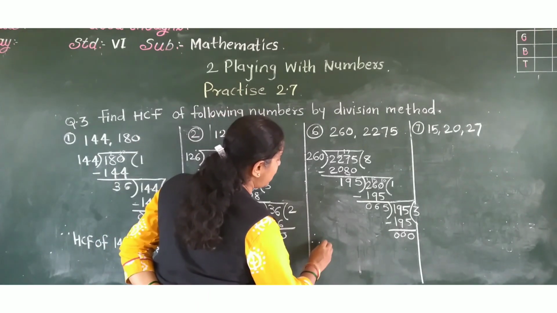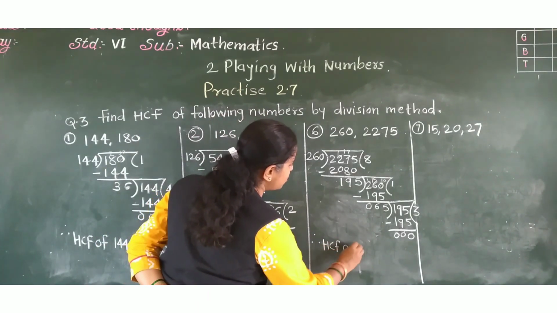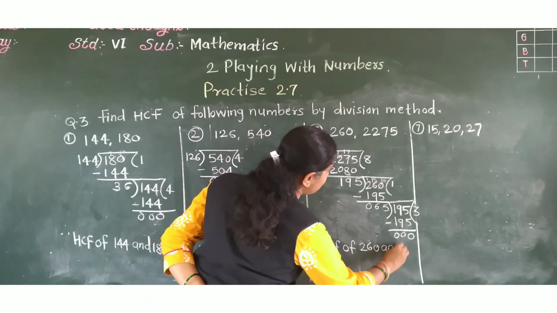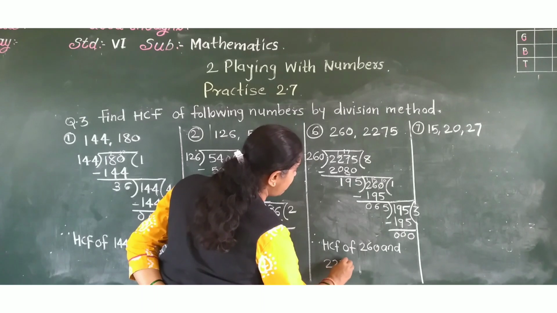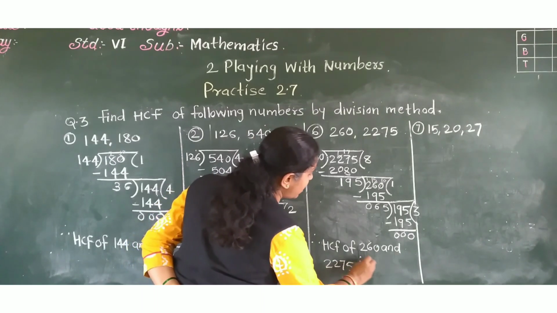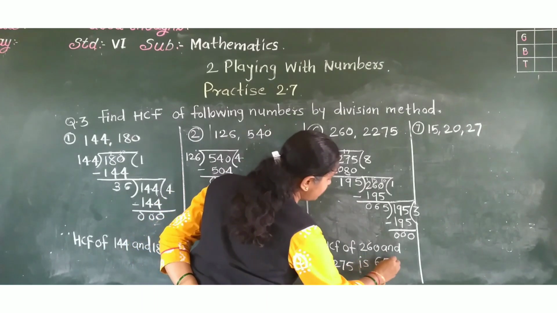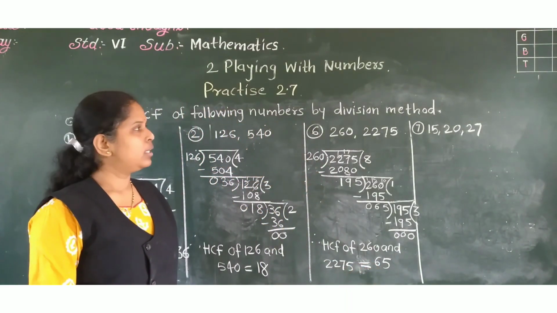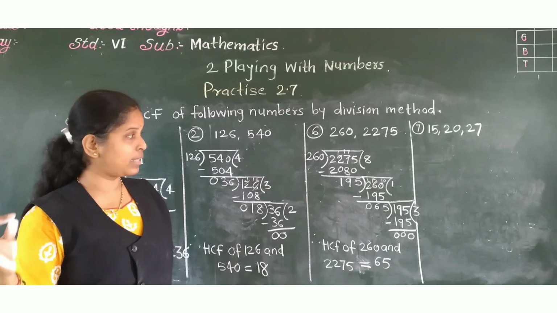Therefore, HCF of 216 and 2275 is 65. Got it? Now next, 3 numbers are there.